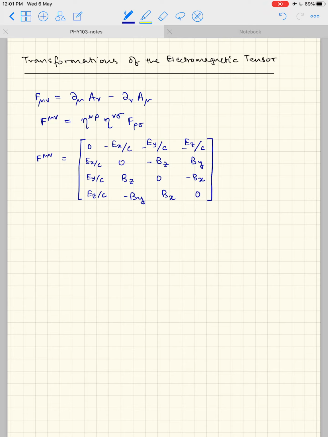So this was the electromagnetic tensor, if you wish. This is something that will transform nicely under Lorentz transformations.